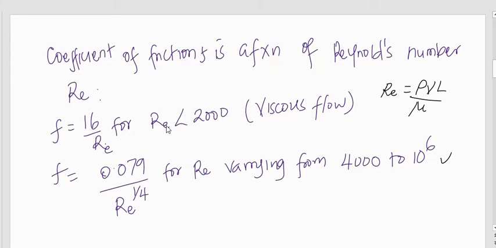If Re, the Reynolds number, is less than 2000, then f is determined from f equal to 16 divided by Reynolds number. If Re ranges from 4000 to 10⁶ in value, then f is equal to 0.079 divided by Reynolds number to the power of a quarter.